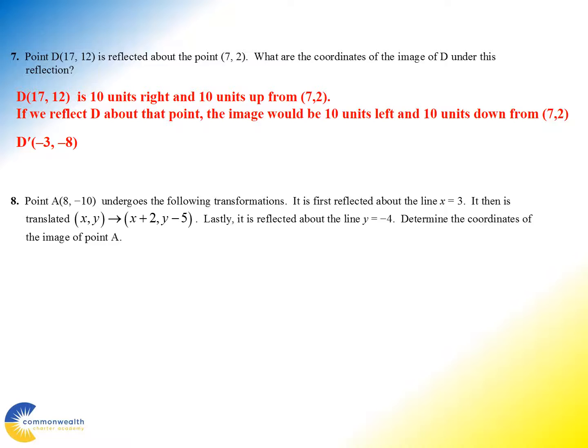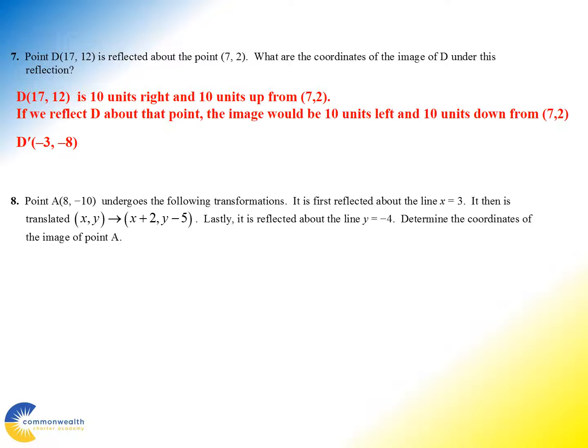And for number 8, we have a point A at 8, -10. It undergoes the following transformations. It's first reflected about the line x equals 3. It then is translated according to the rule (x, y) becomes (x plus 2, y minus 5). And lastly, it's reflected about the line y equals -4.